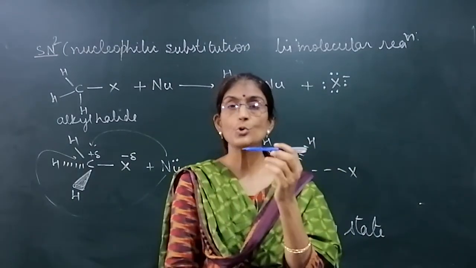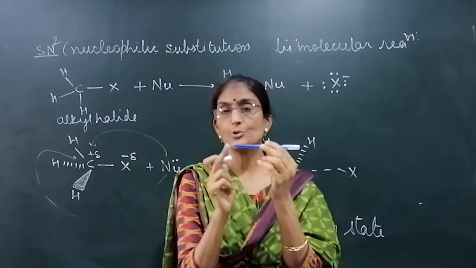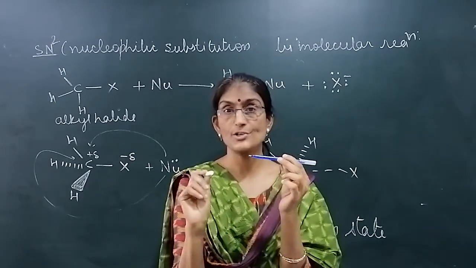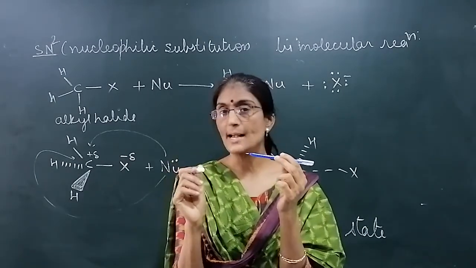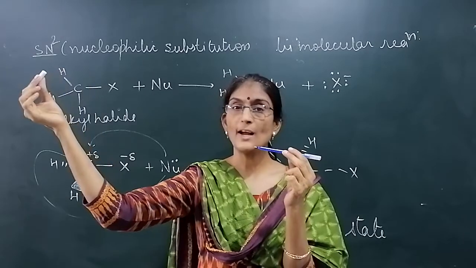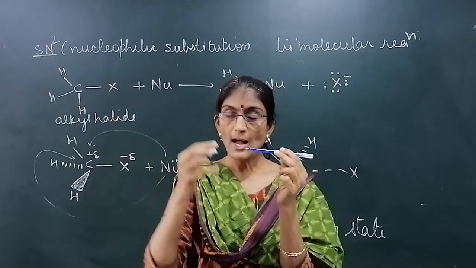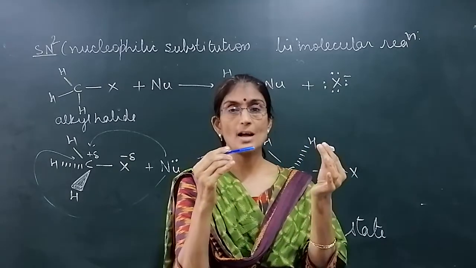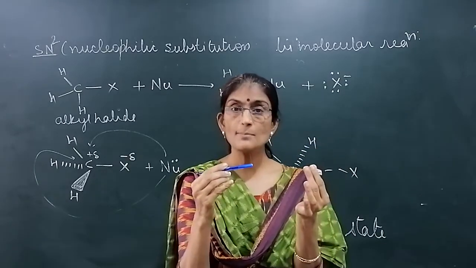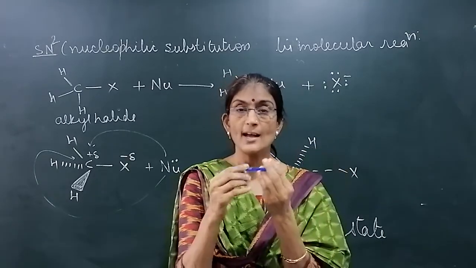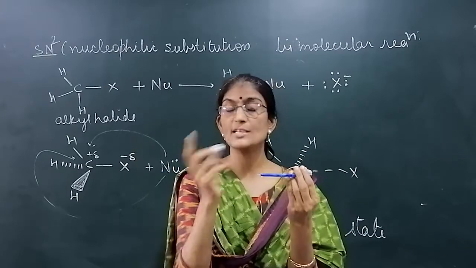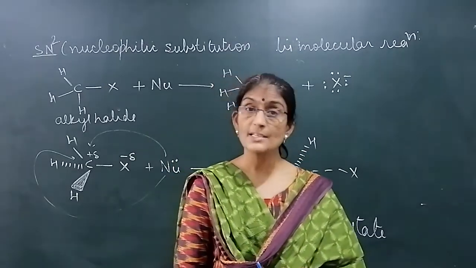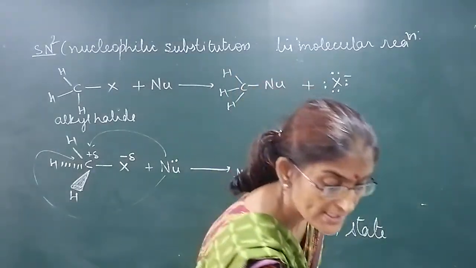Clear? This is nucleophile. Two processes occur simultaneously. Nucleophile comes towards the carbon and this halogen slowly moves away from the carbon. So a stage will come when this halide ion and this nucleophile will be at the same distance from the carbon. That state is called transition state.